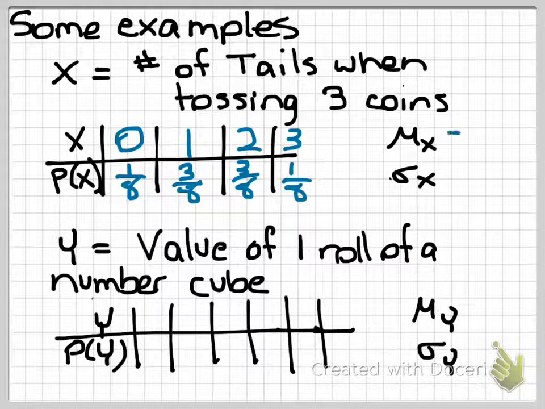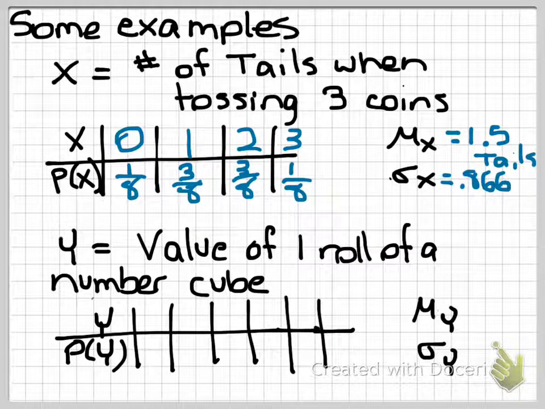But the mean is equal to 1.5 tails with a standard deviation of 0.866 tails. What that means is, again, over time, we can expect to get an average of 1.5 tails when we toss 3 coins. Let's look at another example.